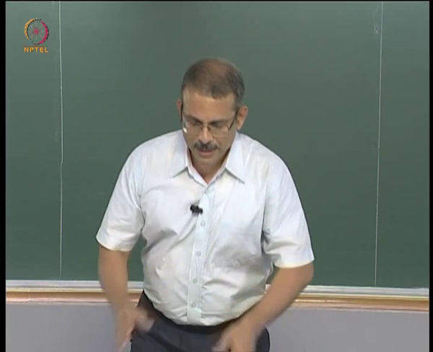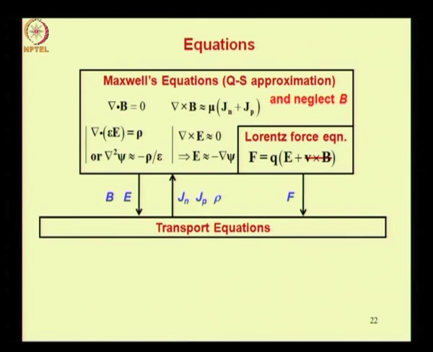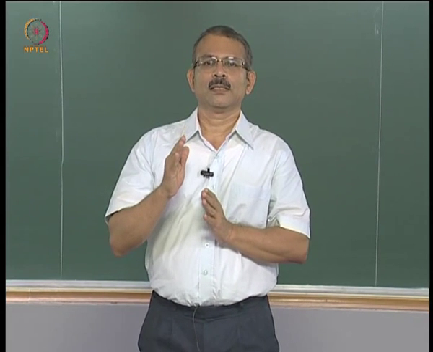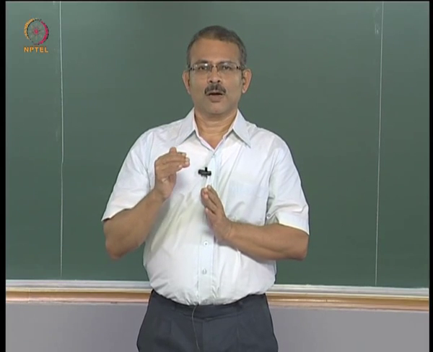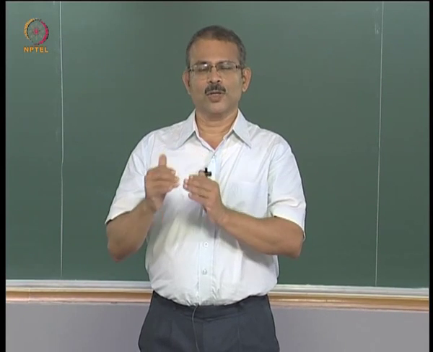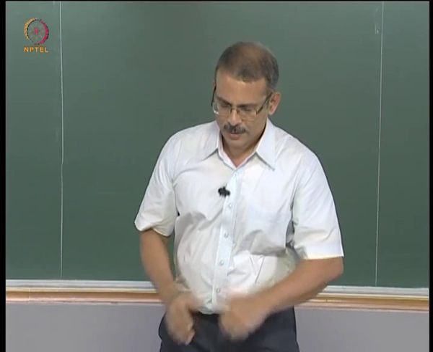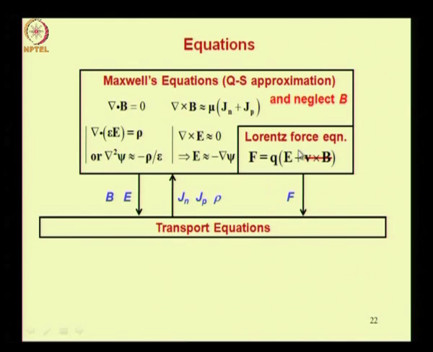So since I know the concentration n and the concentration p and I know the current density Jn and Jp, I can easily derive the velocity as ratio of Jn to concentration, and we also divide out the charge. So this is how the V can be determined if we are interested.